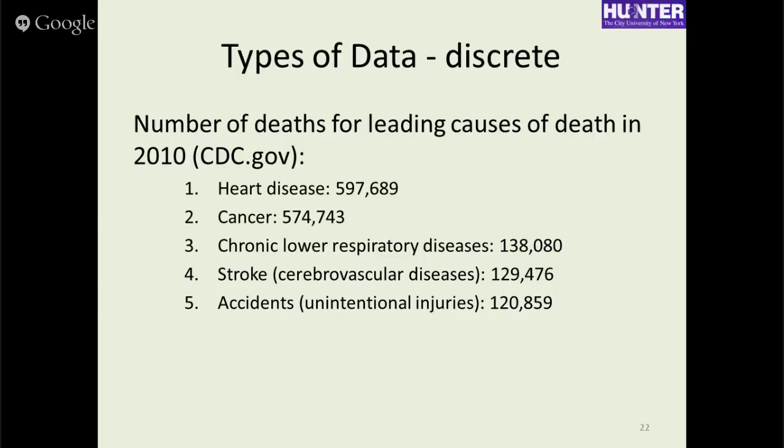It really doesn't make any difference whether it's discrete or continuous when you're talking about hundreds of thousands. If you're talking about fewer than 10, then it might make a difference. But in general, discrete just means that only certain values are possible, like the number of people who died of heart disease.